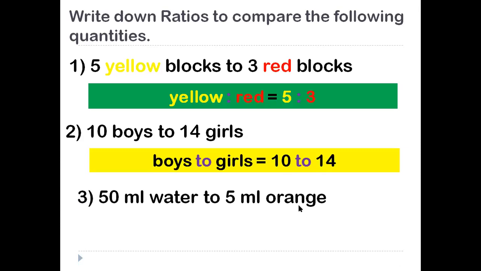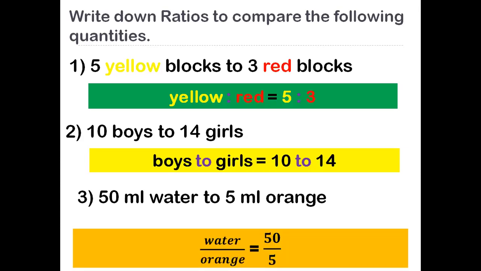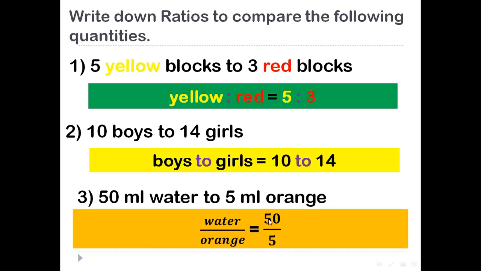Water to orange. What if I want to write orange to water? Can I choose 5 orange to 50 water? No, of course. The question wrote this with water first, so you have to stick to that. Water to orange.